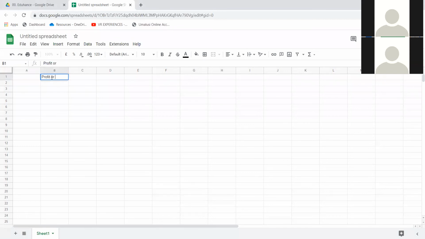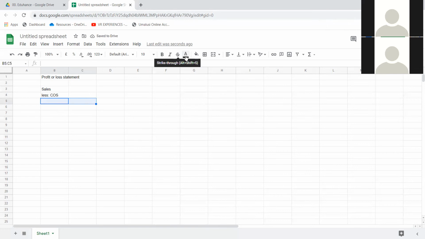A profit or loss statement would look as follows: sales less cost of sales equals gross profit.